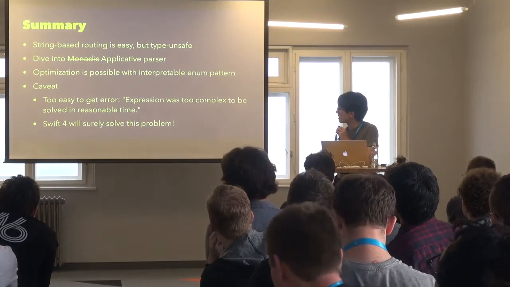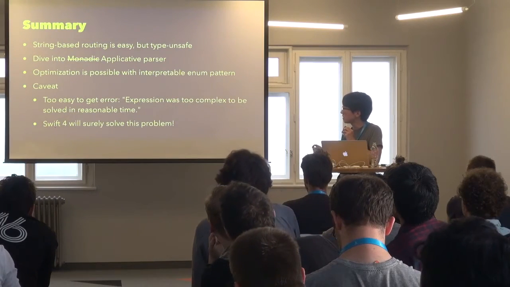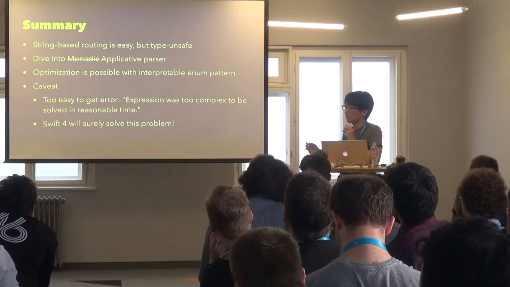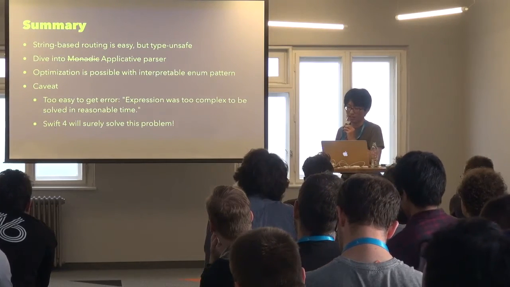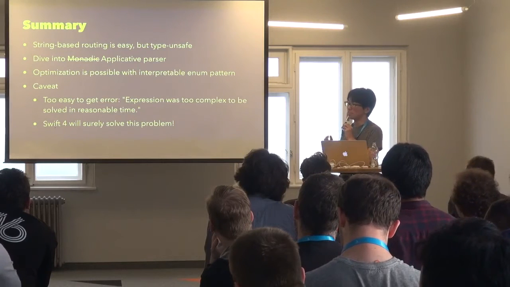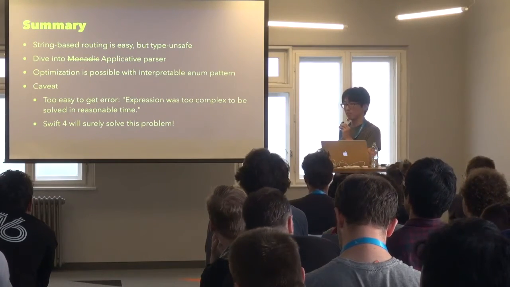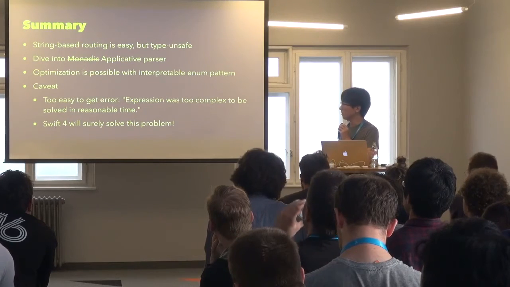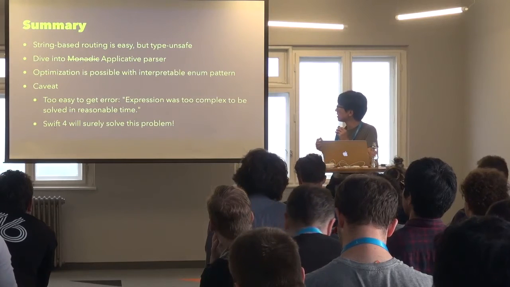We talked about many URL routing examples, but most of them are basically string-based capturing, which is type unsafe. It's easy to write, though. To make type-safe URL routing, we dive into the applicative parser instead of the monadic parser.